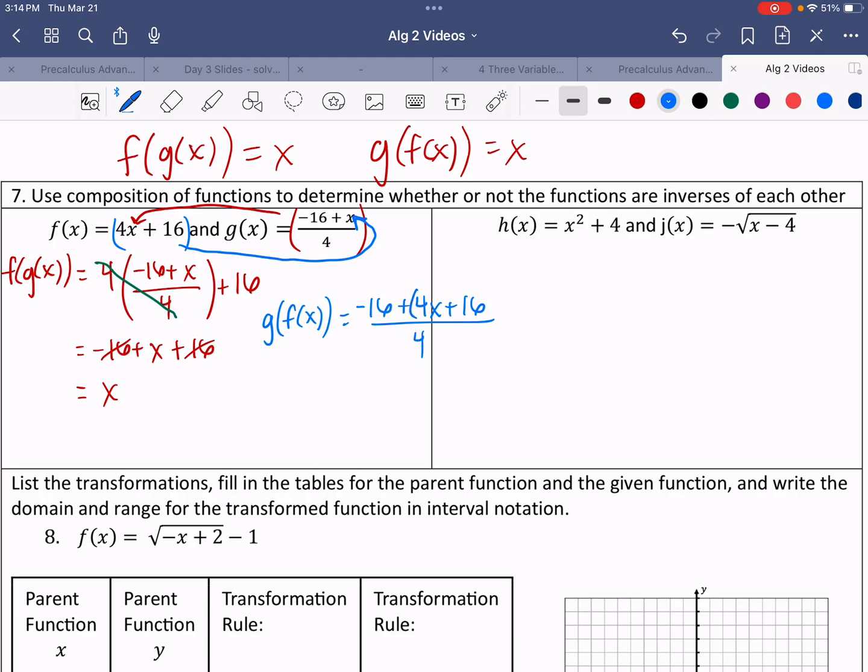Even if you put this in parentheses, there's nothing to distribute, so you're allowed to just go ahead and say the negative 16 and positive 16 cancel. I get 4x over 4, which leaves me x. So then you need to have some sort of yes or no answer. Yes, they are inverses. If you just put the word yes, that's fine.